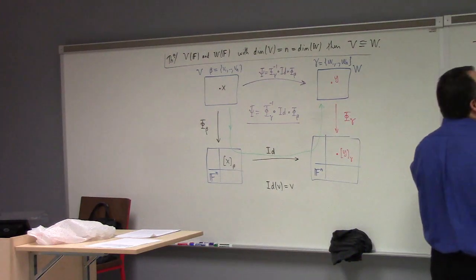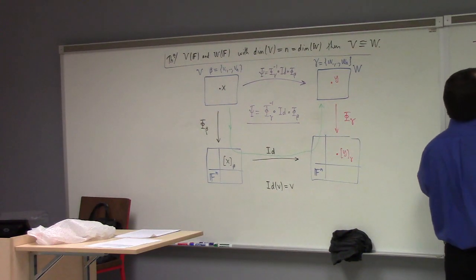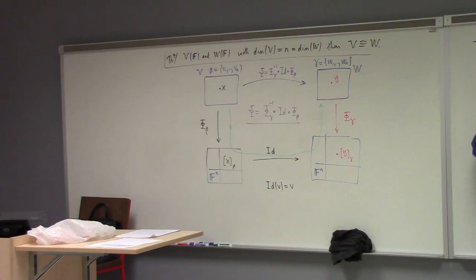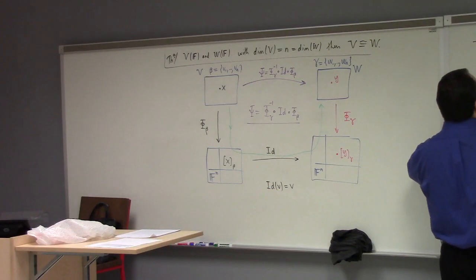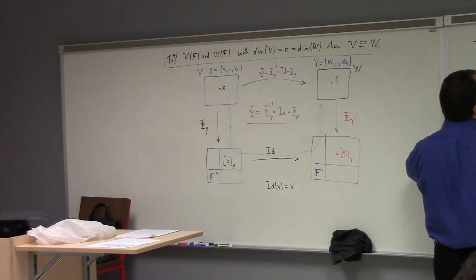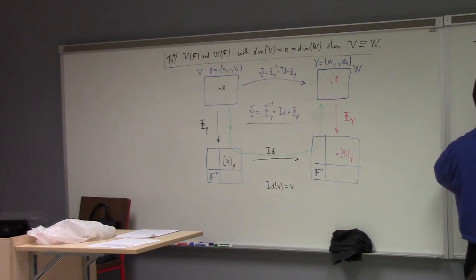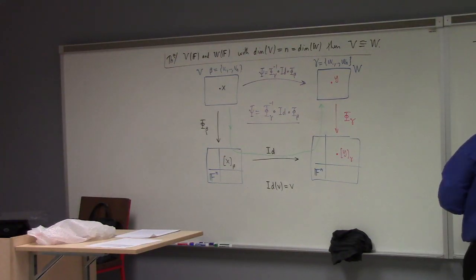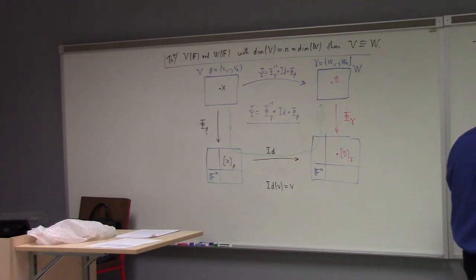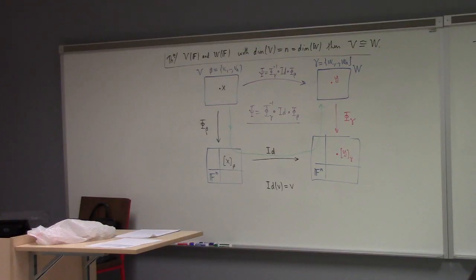So, then T beta gamma. You know what? This is annoying to not just tell you the dimensions. Let's say that the dimension of V is n, and the dimension of W is m.